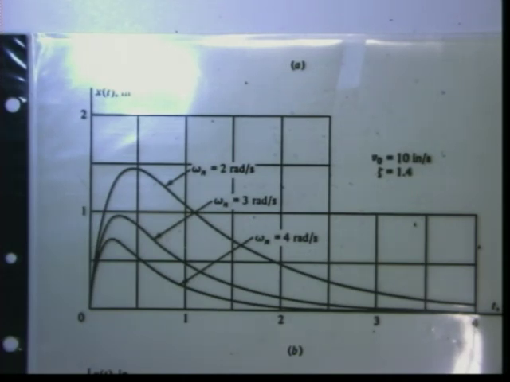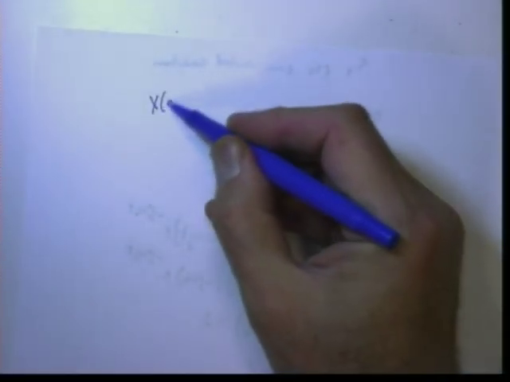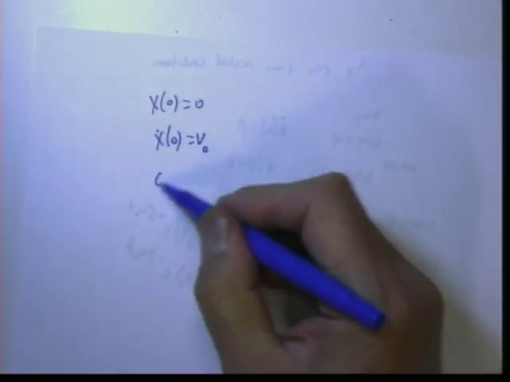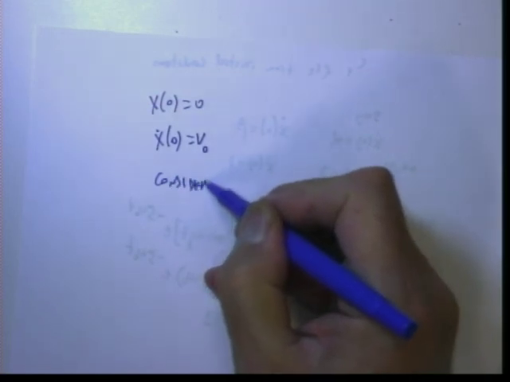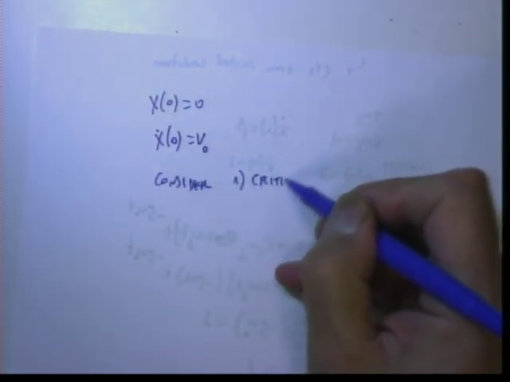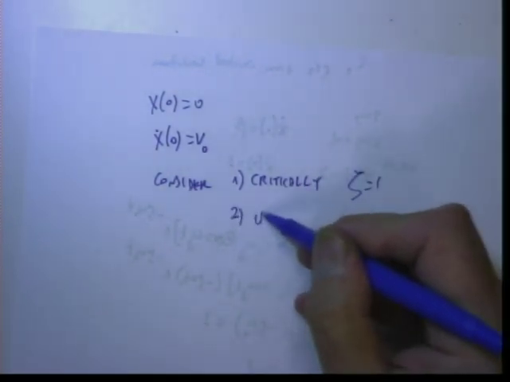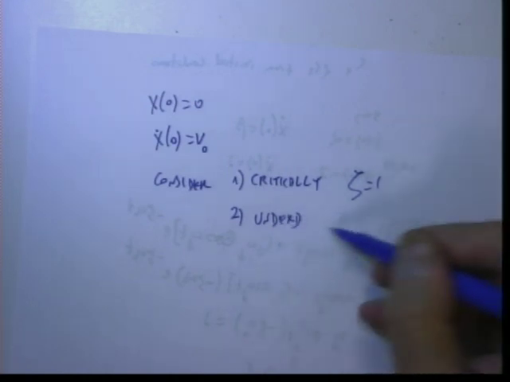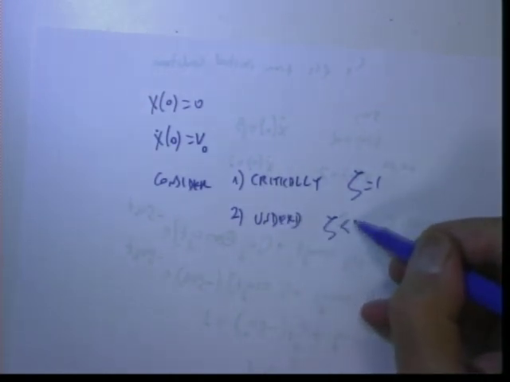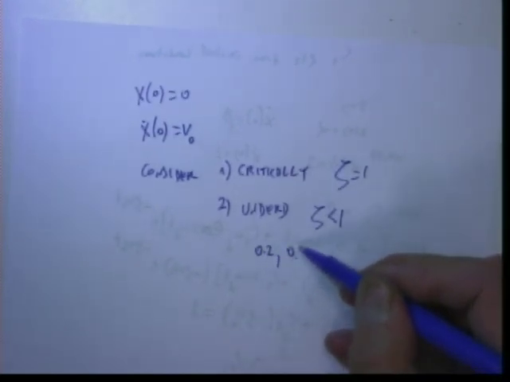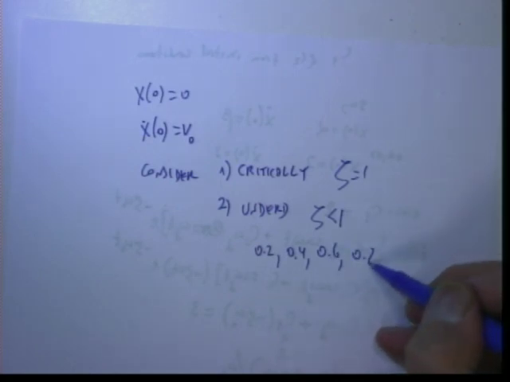I will write down: x of 0 equals 0, x dot of 0 equals v sub 0. Consider the critically damped case, so zeta equals 1, or the underdamped case, zeta smaller than 1. For underdamped, consider 0.2 or 0.4 or 0.6 or 0.8 or 0.9. Choose any of the numbers from here.